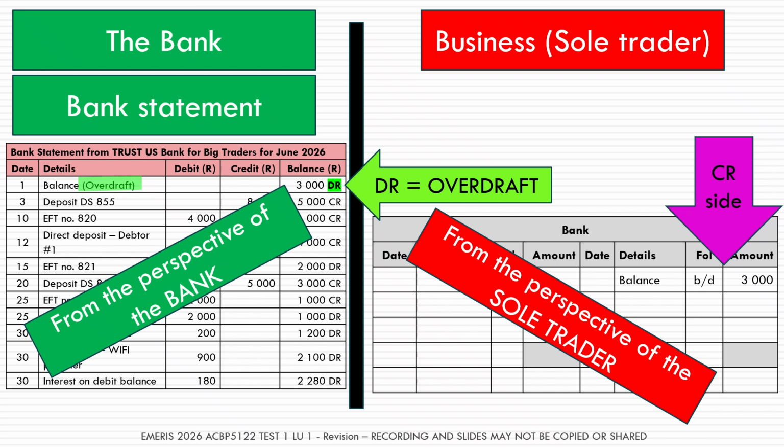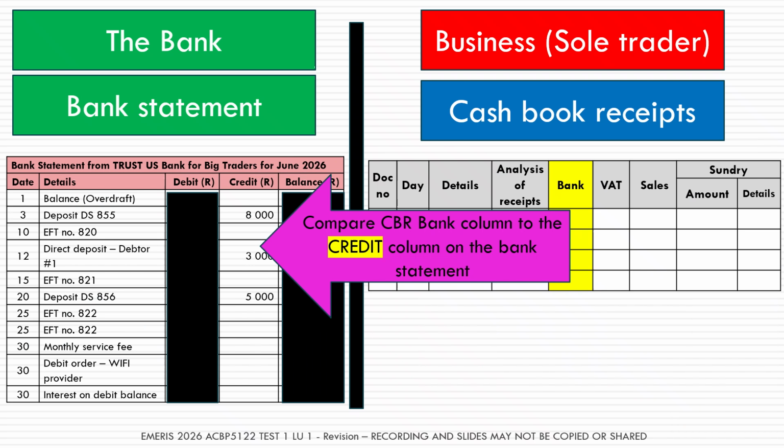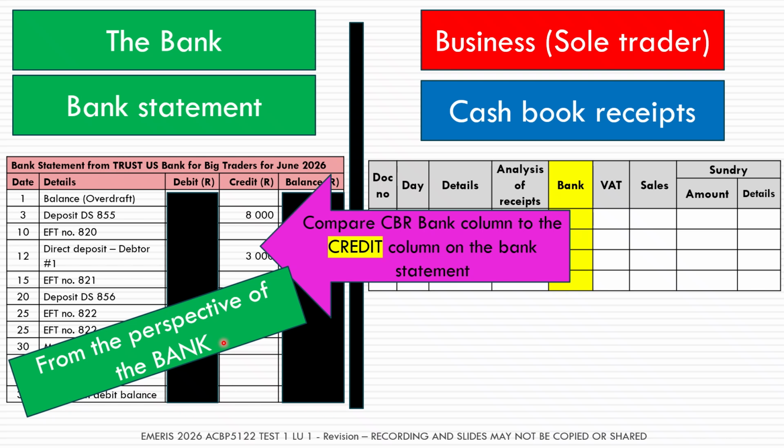So when we now do this monthly comparison of our cash books to the bank statement, we have to keep this in mind. So when we compare on a monthly basis our cash book receipts to the current month bank statement, we are going to look at the credit column of the bank statement. Because remember again, this bank statement was done from the viewpoint of the bank. So you're going to compare your cash book receipts to the credit column of the bank statement.